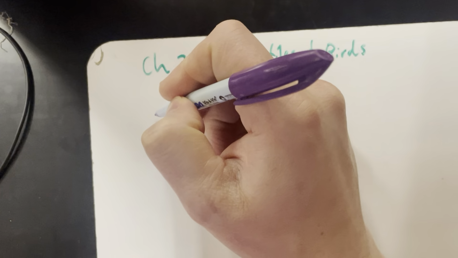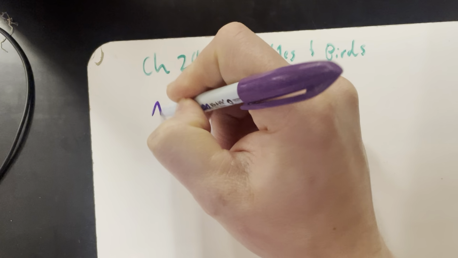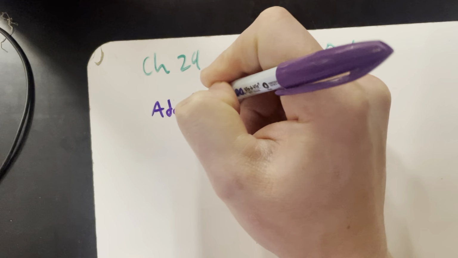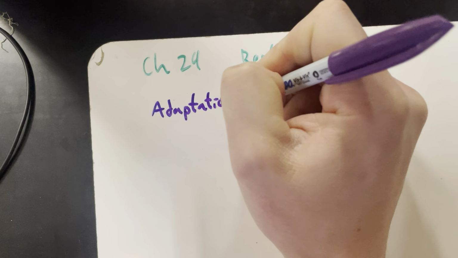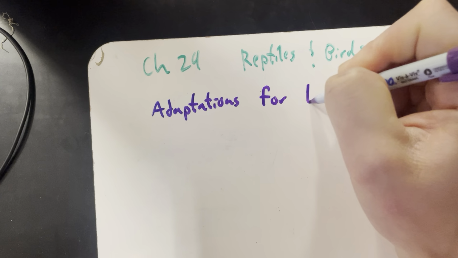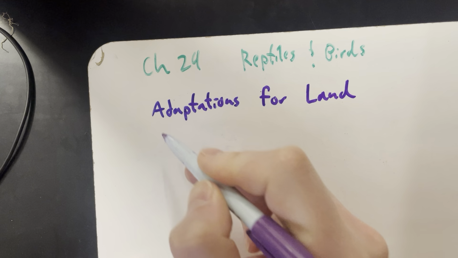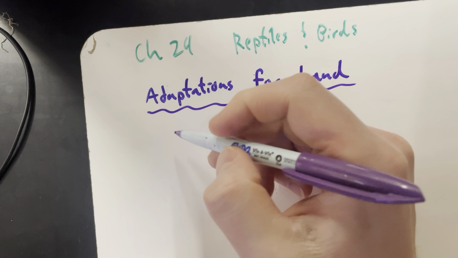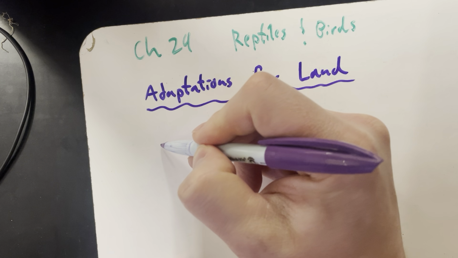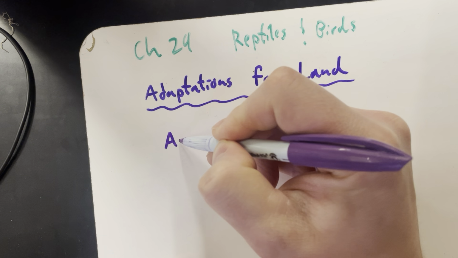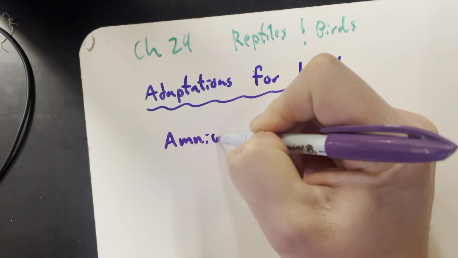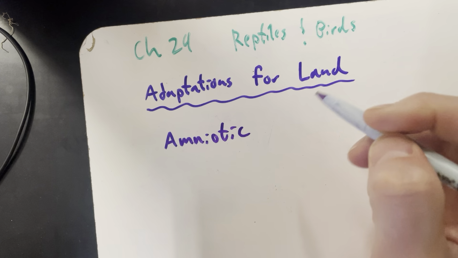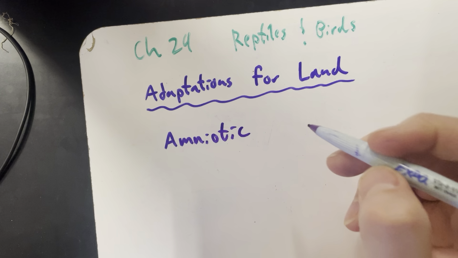And one of the adaptations for land is their egg. They have what's called an amniotic egg. Did I spell that right?